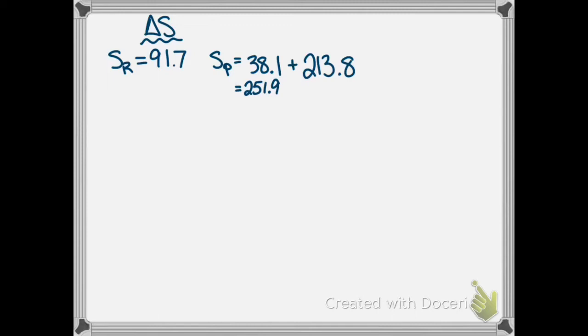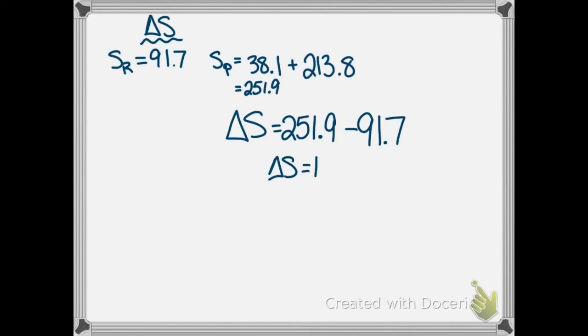To find our delta S value, we're going to take our products minus the reactants for this one. So delta S is going to equal 251.9 minus 91.7. When we solve, we get a delta S of 160.2 joules per mole Kelvin.